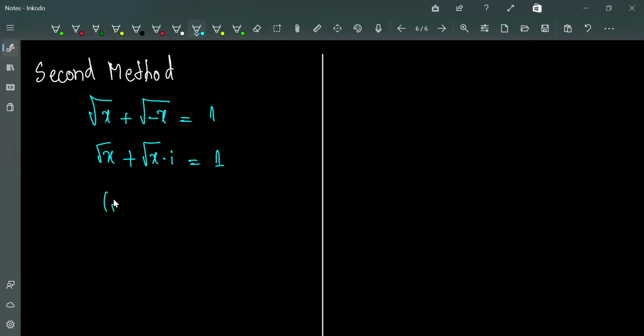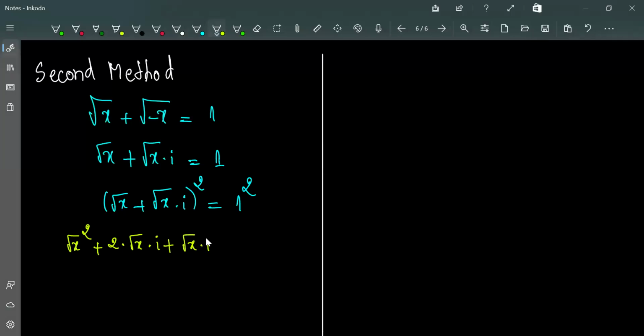So we can write the square root of x plus square root of x times i, squared, equal to 1 squared. This is a binomial expansion. So we can write the square root of x squared plus 2 times the square root of x times the square root of x times i plus the square root of x times i squared, equal to 1.